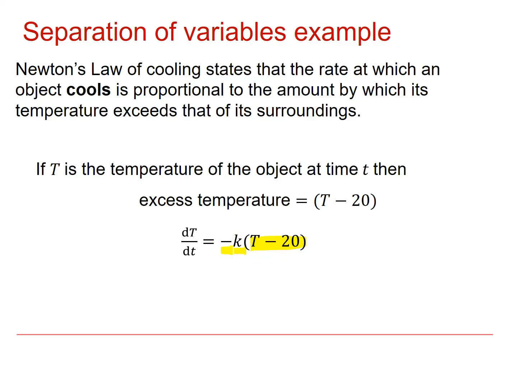The additional information that we had was that initially, so that's t equals 0, it starts out at a temperature of 80 and it cools at a rate of minus 5, and that's degrees C per minute.